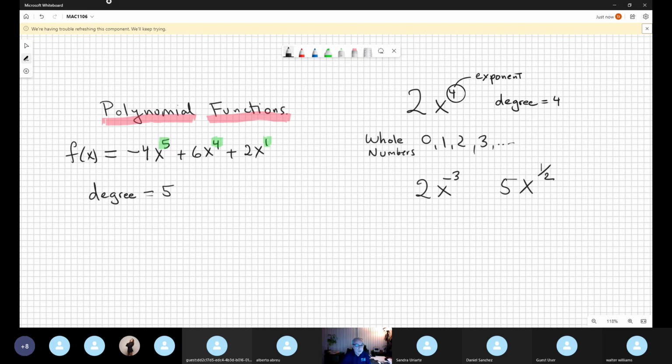Now, if the degree is an even number, I suppose the graph looks like that, like a parabola. We study the quadratic equation. O sea, the quadratic equation is a particular case of the polynomial. And if the degree is an odd number, entonces different.